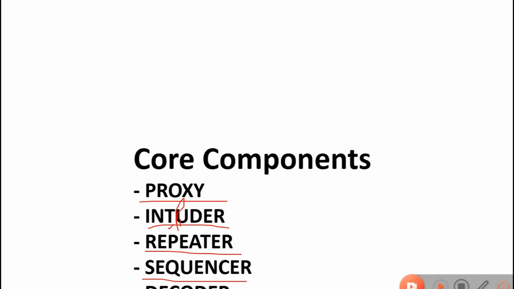It's also used for load balancing. What do you mean when you say load balancing? It's the distribution of incoming traffic across multiple servers, so no single server gets overloaded. It's also used for security purposes.